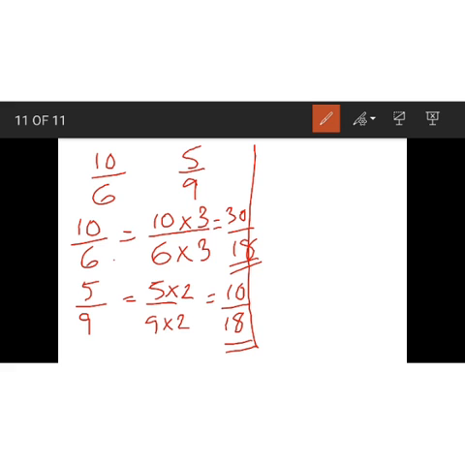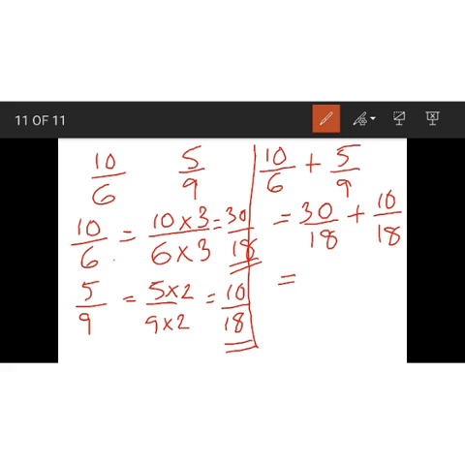So we have to add these fractions. As we are adding 10 by 6 and 5 by 9, we will get 30 by 18 plus 10 by 18. So here the denominators are the same.